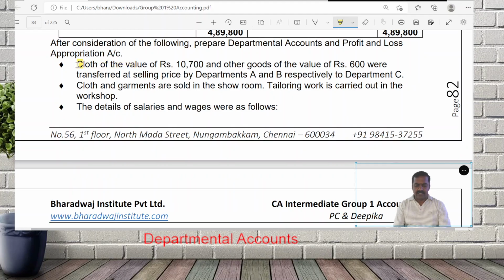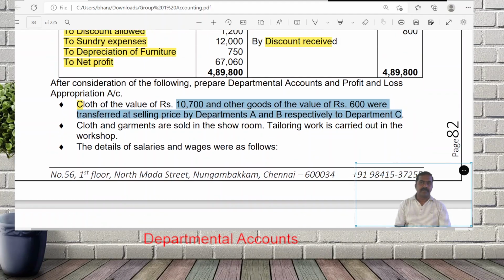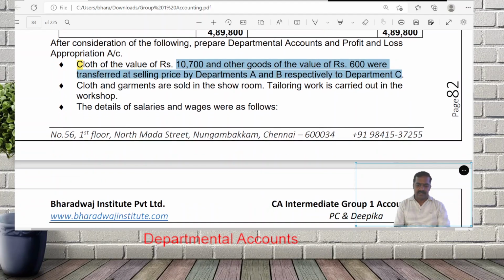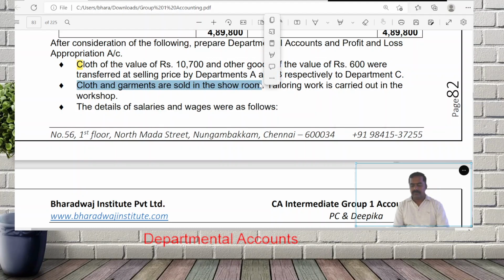Look at the first one: cloth of the value 10,700. Then other goods valued 600 were transferred at selling price by A and B to C. Who transferred? A and B. You credit A and B and debit C in the trading account. Then cloth and garments are shown in the showroom.